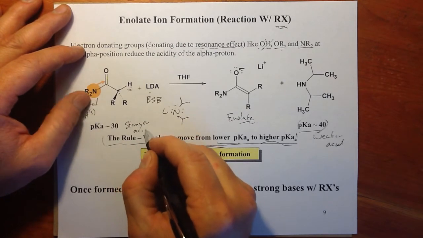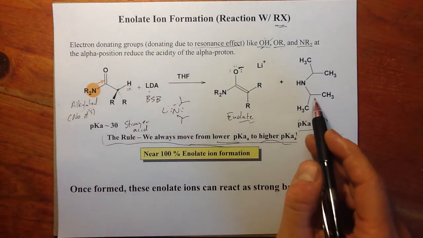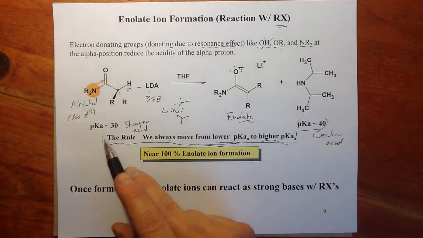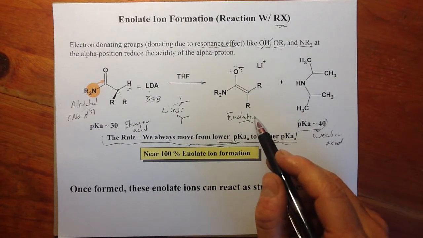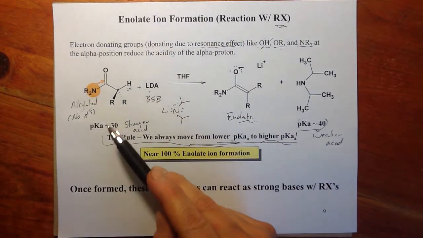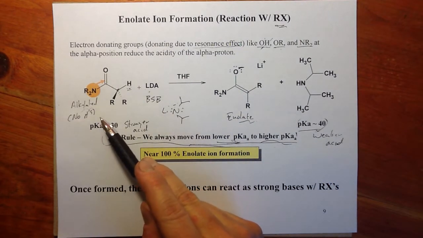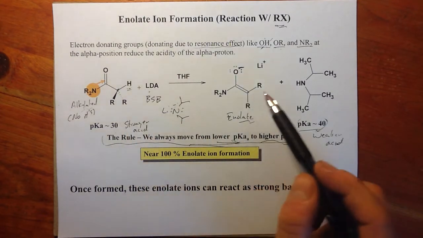It's not a strong acid, but it's stronger than a pKa of 40. So we favor the product side because we've moved from lower pKa, 30, to higher pKa, 40. So the enolate's favored to a great degree, near 100% enolate ion formation. And we would have had that if this had been a ketone or aldehyde. It would have been even more strongly driven to the right.